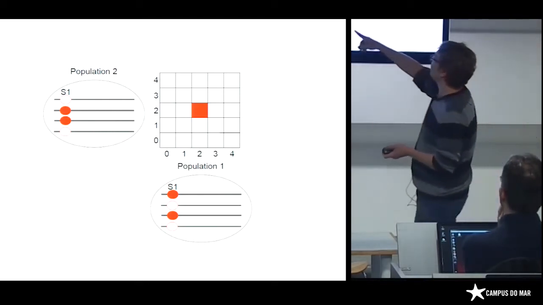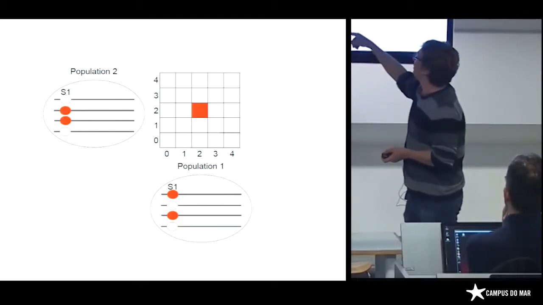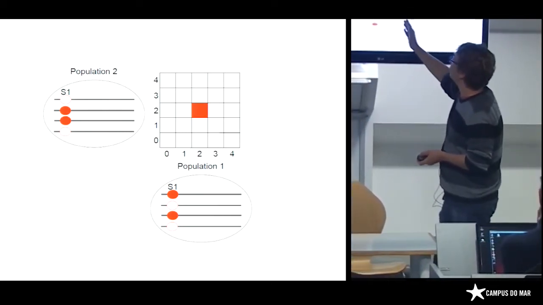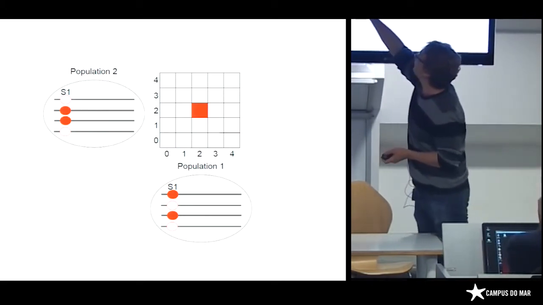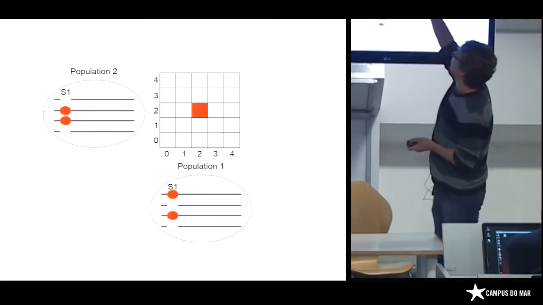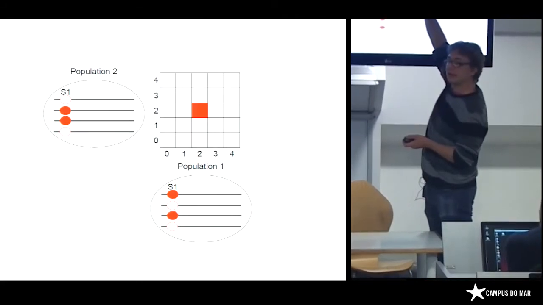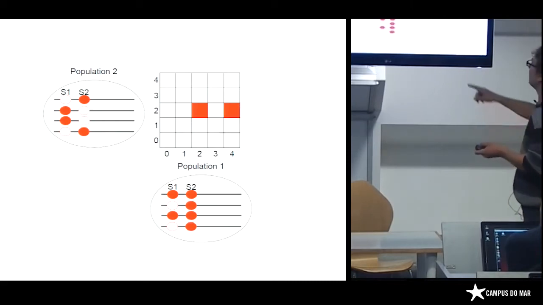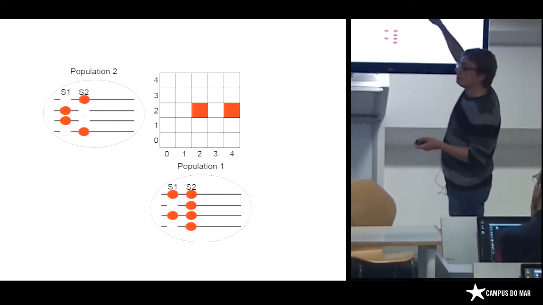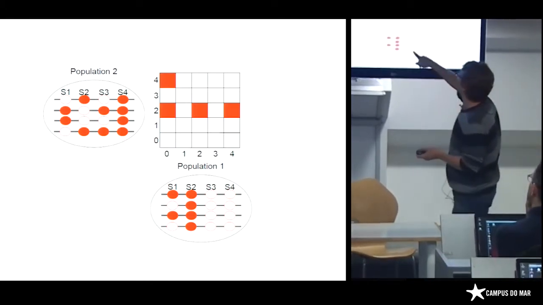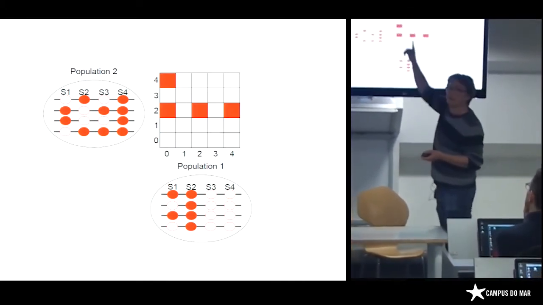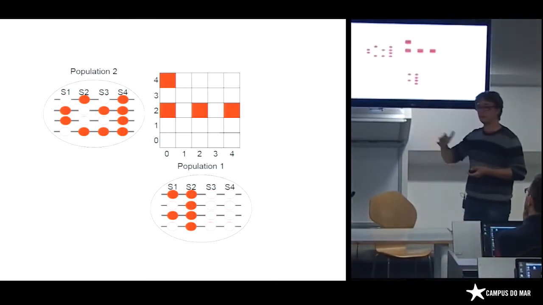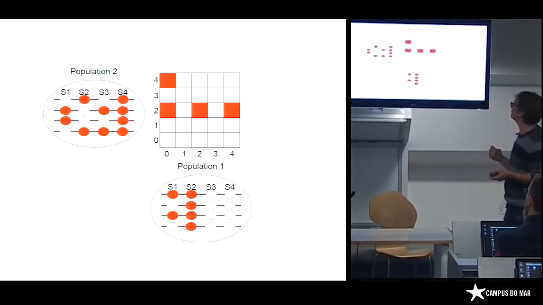If we use this first SNP, the frequency is 2/4 in population 1 and 2/4 in population 2, so this SNP is in this cell of the joint SFS. This one is in this cell, and you have fixed differences in the corner here or here, depending on where the derived allele is fixed.